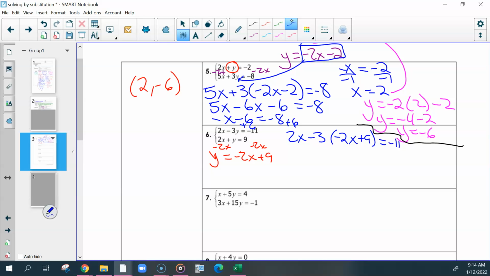You distribute negative 3. So this would give me. What would I get after that? 2x plus 6x minus 27.